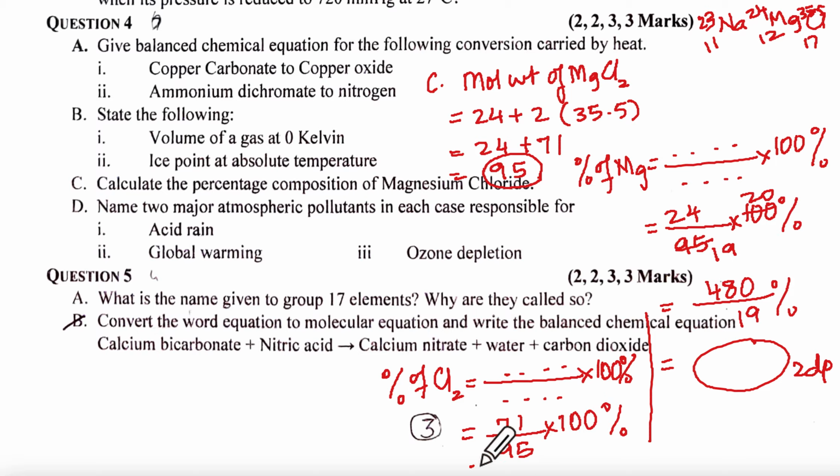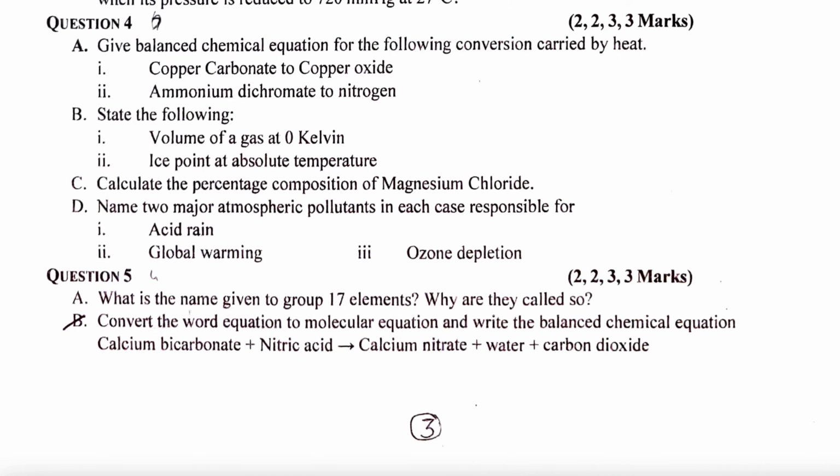Doable? Tell fast. You can give your answers to 2dp. I don't have to teach you how to get 2 decimal places. Can you do that on your own without any problem? Yes, it is doable, ma'am.